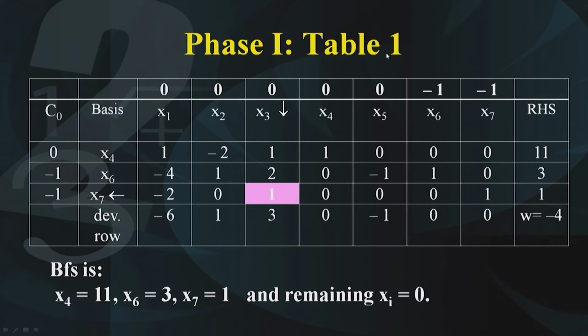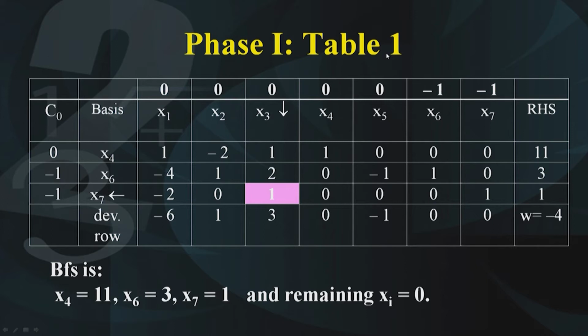Here, under the basis column we have written the basic variables. What are the basic variables? As I just mentioned, they are nothing but x4, x6 and x7. In each of the columns, under the variable x1 we write down the coefficients of x1.